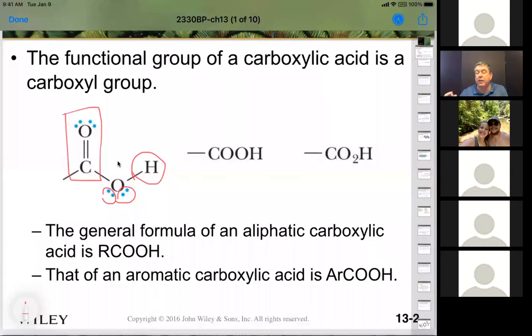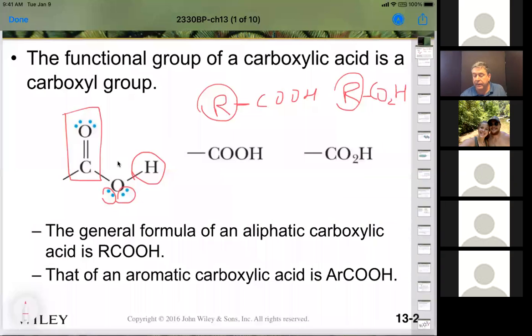So the general concept is, anything with an R, COOH, or occasionally RCO2H, is what we consider a carboxylic acid. The R can be anything, aliphatic or aromatic. It doesn't matter. When they're aromatic, we tend to put Ar, meaning an aromatic ring, like a benzene ring.